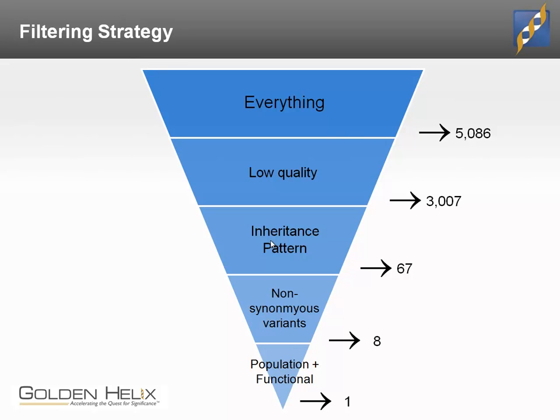And out of those 2 variants, one of them, even though it was not synonymous, was predicted to be tolerated at the level of changing the protein sequence. So essentially I got to the same single variant using a different technique. But we're going to go ahead and start with everything.